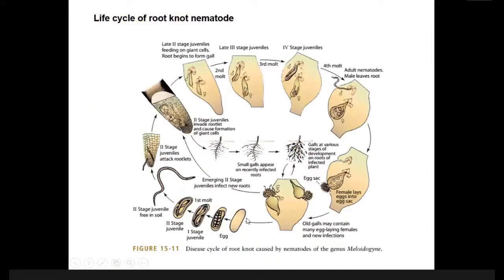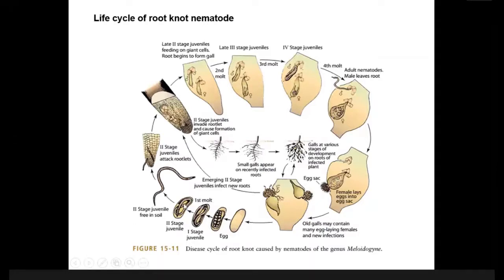You can see here, this is the single egg, and you can see the cells or tissues become differentiated to form the first stage juvenile. You can see here, the first stage juvenile remains inside the egg, okay, and after some days this first stage juvenile goes for molting, and the second stage juvenile occurs.